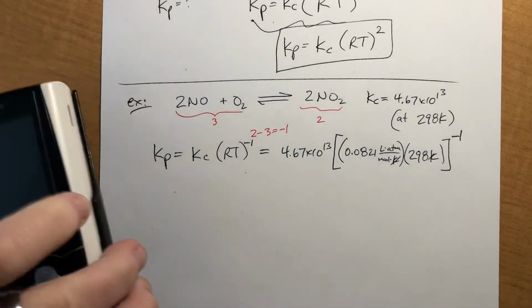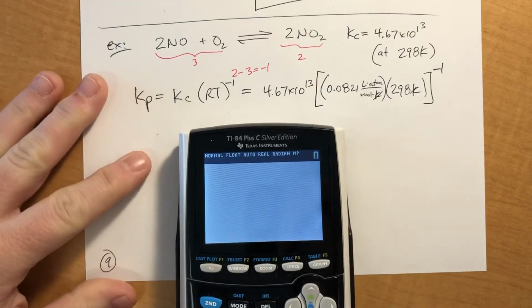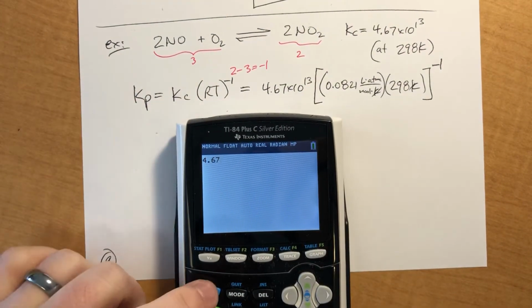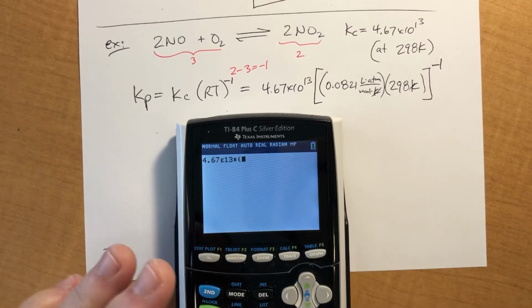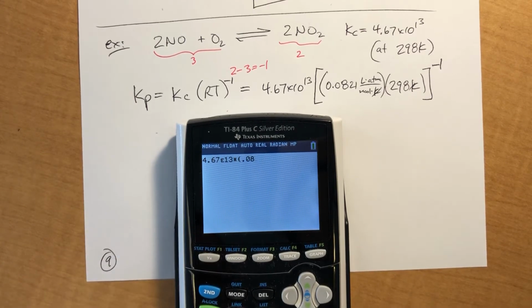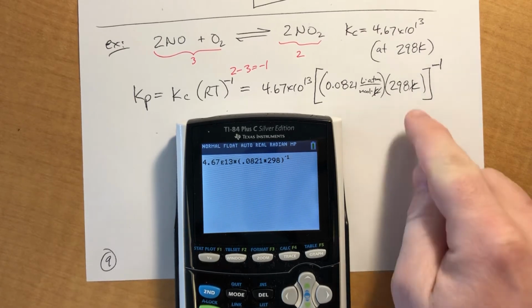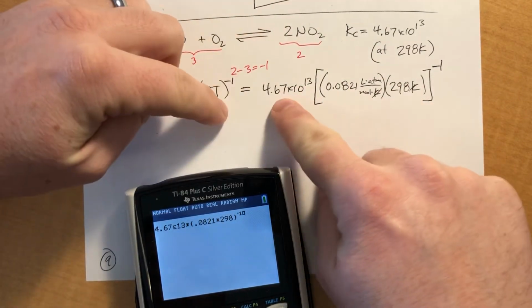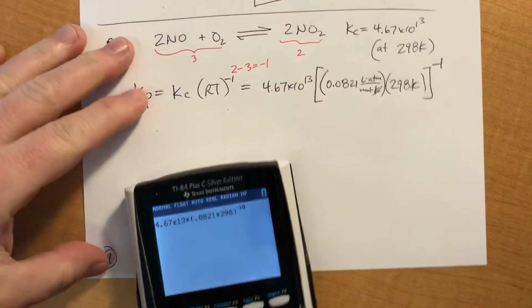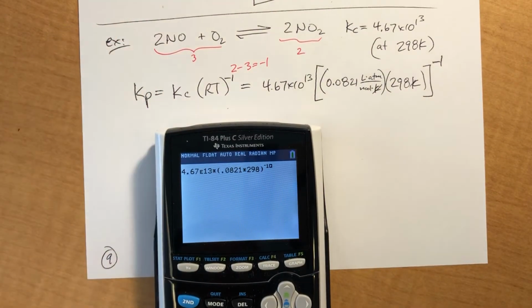Okay? So if we type all this in, 4.67 e to the 13th times, I'm going to put this all in parentheses, 0.0821 times 298 raised to the -1. Raised to the -1 is the same thing as Kc divided by this entire thing, but I'm just typing it as is in the equation.